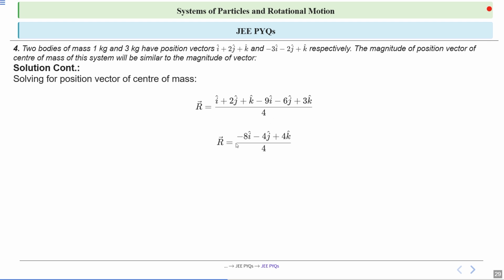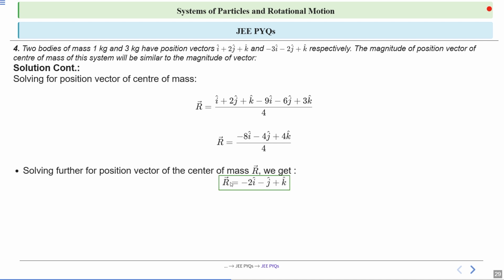So R, position vector of the center of mass, is minus 8i cap plus 4j cap plus 4k cap divided by 4. So solving this further, R is equal to minus 2i cap minus j cap plus k cap.